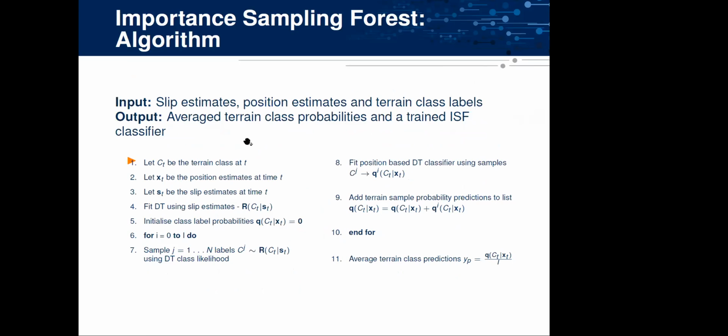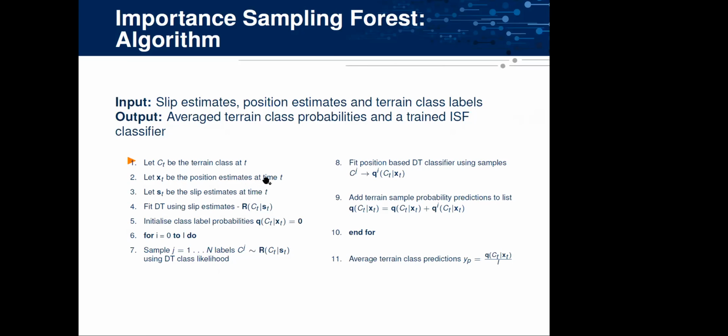This is the importance sampling forest algorithm that we are introducing to solve the problem of terrain classification using slip estimation only. We let C be the terrain class at T, and we let X be the position estimate.